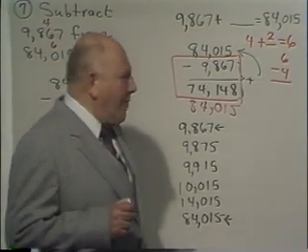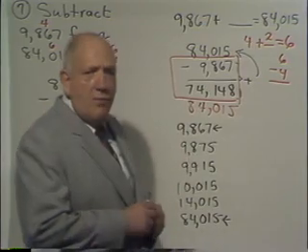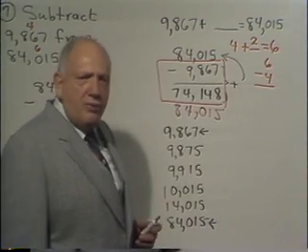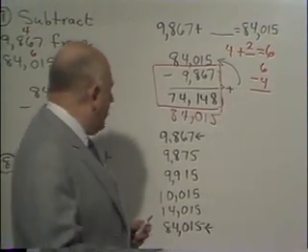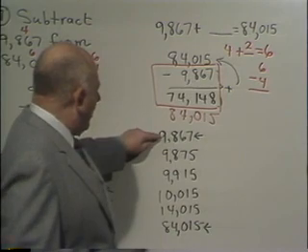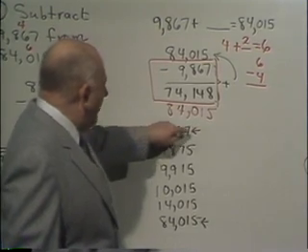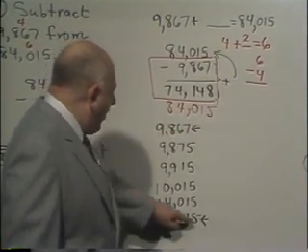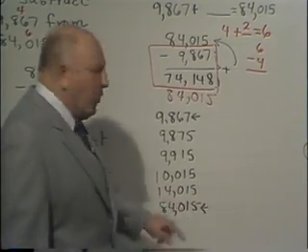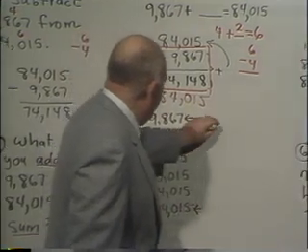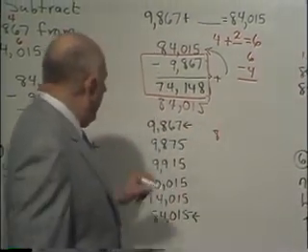And by the way, suppose you hadn't done problems 6 and 7 first. Could you have done this problem as a pure addition problem? And the answer is yes. Namely, what you could have said is, look, this is what we call the change-making method. I'll start with 9,867 and see what I have to add on to this to wind up with 84,015. Well, see, to get from 67 to 75, you have to add on 8.